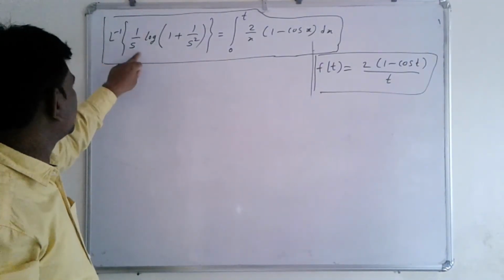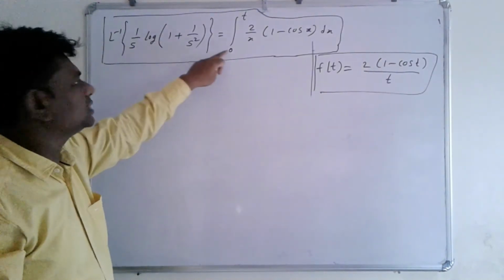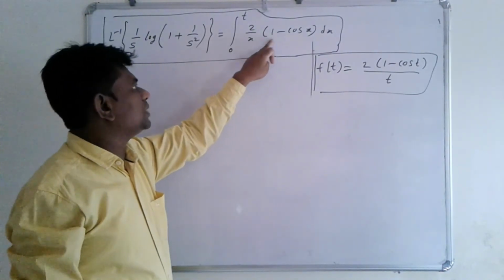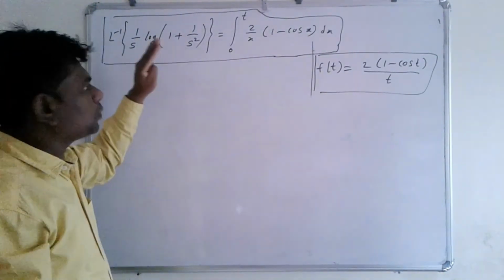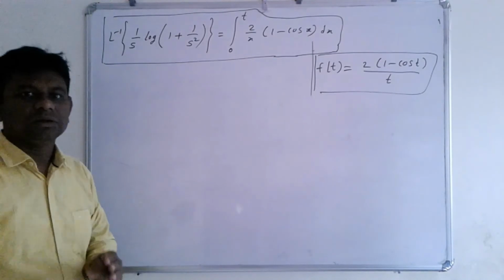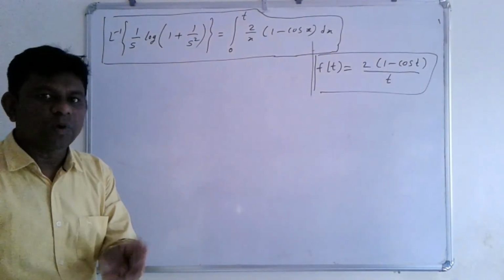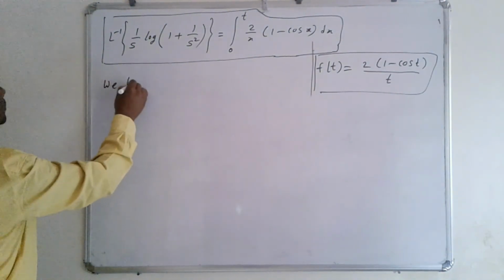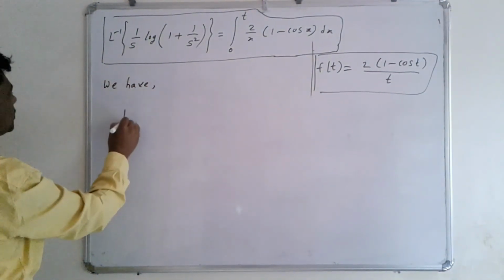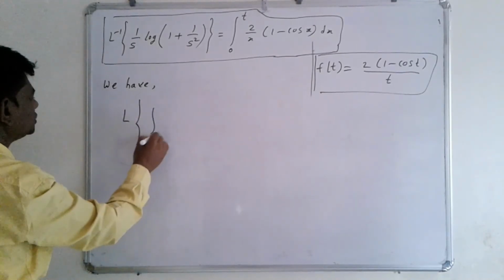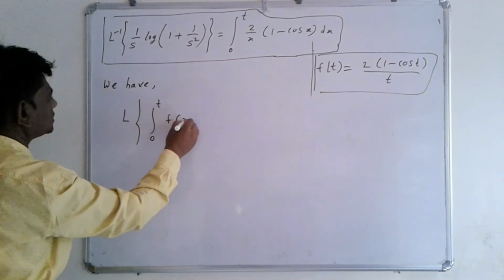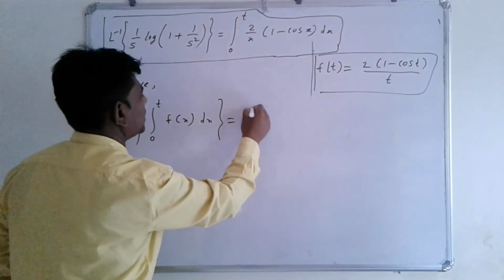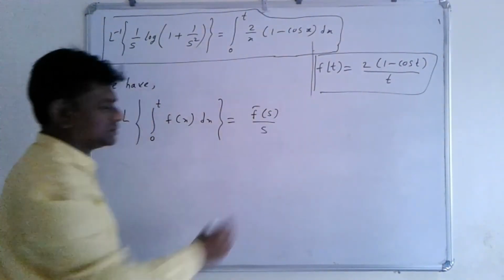L inverse of 1 by s log of 1 plus 1 by s square is equal to integration 0 to t, 2 by x times 1 minus cos x dx. Now for this we recall the Laplace transform of integral property. We have Laplace transform of integration 0 to t f x dx is equal to f bar s upon s.